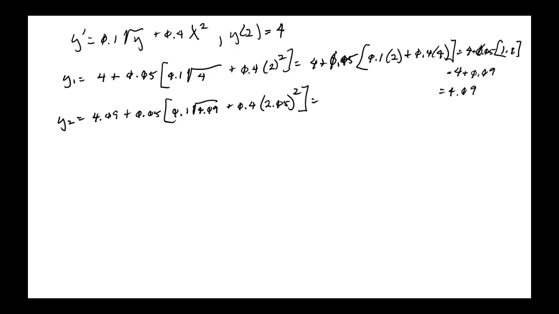4.09 plus 0.05 times, be sure you do an open parentheses after that, 0.1 times square root of 4.09. Be sure you close your parentheses after that square root, plus 0.4 times 2.05 squared.